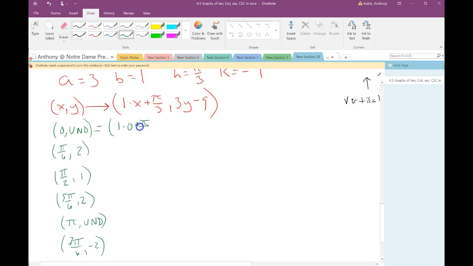So, let's just get back to plugging in. And as Julia pointed out, for these ones with the undefineds in them, there's no sense in rewriting the y-coordinate as anything other than undefined, because no matter what we do to it, we still get undefined, as we talked about earlier, right?